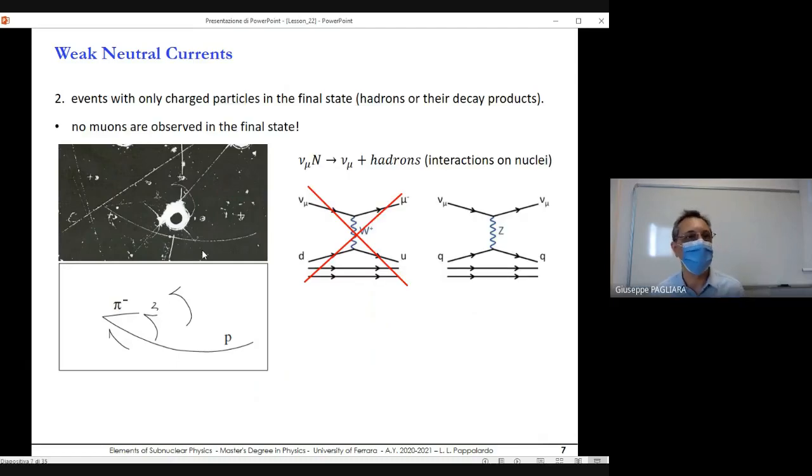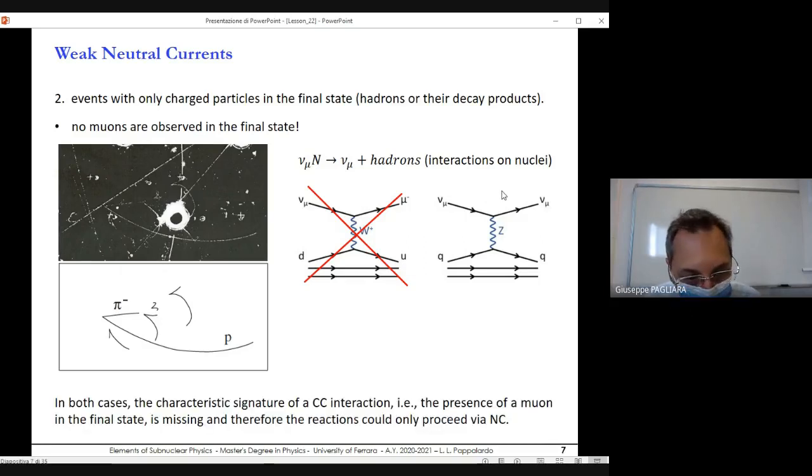Again, we don't observe muons in the final state, so our neutrino is not converting into a muon, and this cannot be a charged current process. We don't observe the neutrino in the final state, but it is there, of course. So this can only be understood in terms of a neutral current process: a scattering of a muon neutrino with one of the quarks of the nuclei inside the bubble chamber, of the freon.